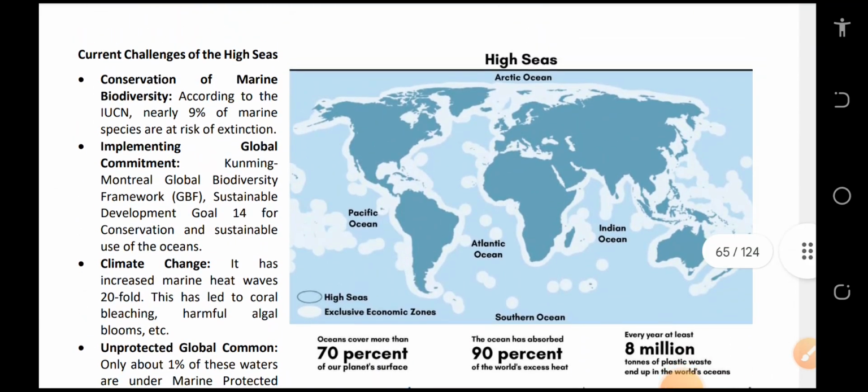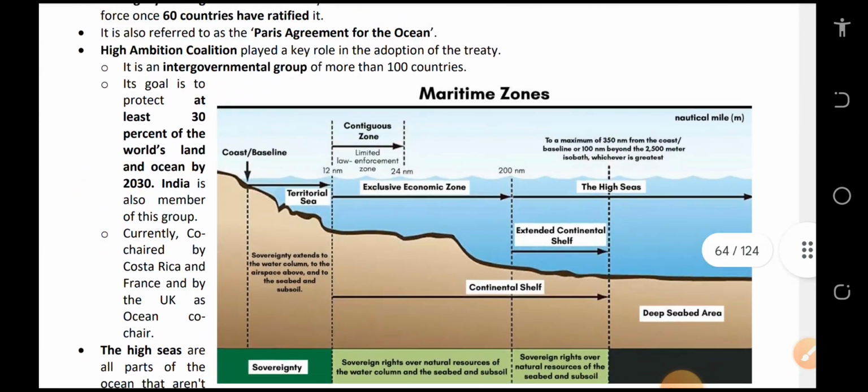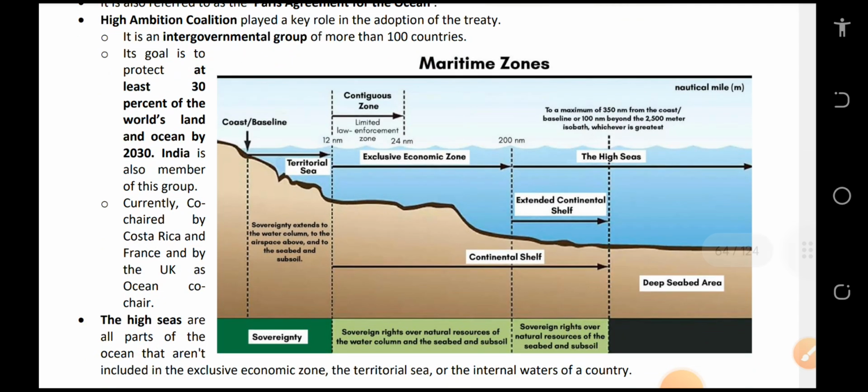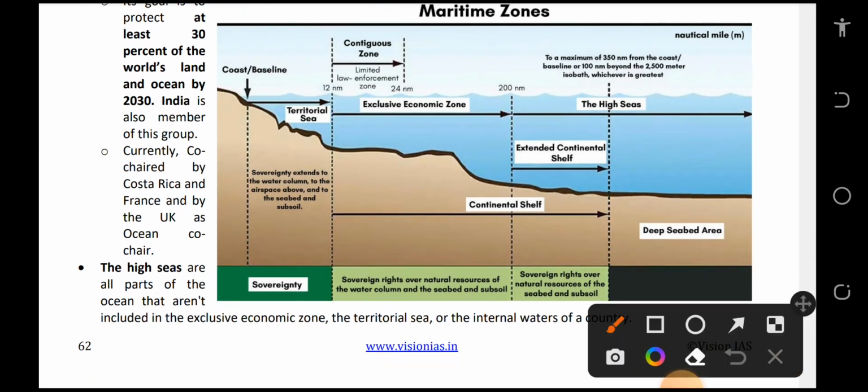The high sea is given on the map. Here are the maritime zones and the extent of sovereignty. Let's see this also. The coastal baseline and the territorial sea of 12 nautical miles: sovereignty extends to the water column, to the airspace above, and to the seabed and the subsoil.